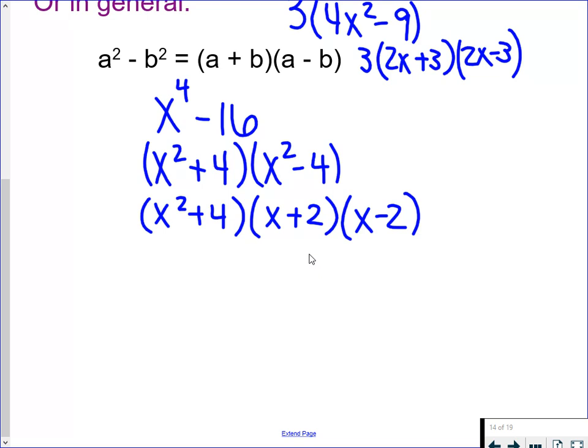Any questions on this? What would be my zeros here? What would be my 0 from this one? Negative 2? Positive 2? Positive negative what? Be careful.